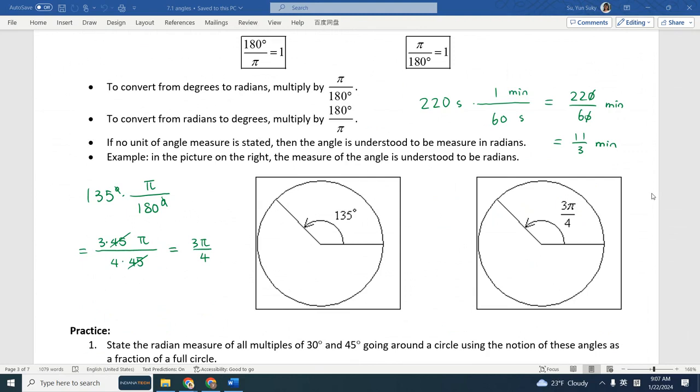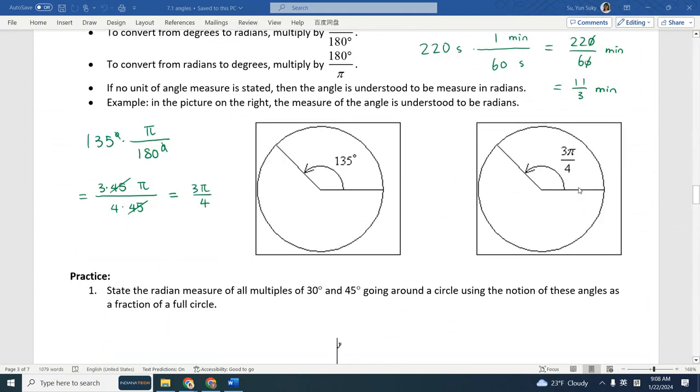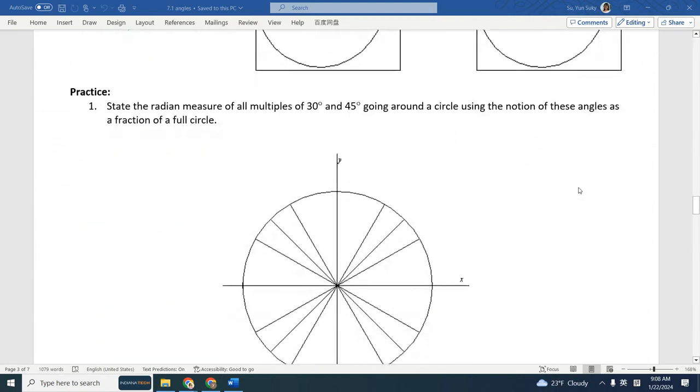So second cancel, and then the zero cancel. 22 over 6, the common factor is 2. 22 divided by 2 is 11. 6 divided by 2 is 3. Okay? So we can convert seconds to minutes. Similar with liters, milliliters, gallons, all those different units, how to convert between different units, similar to that.